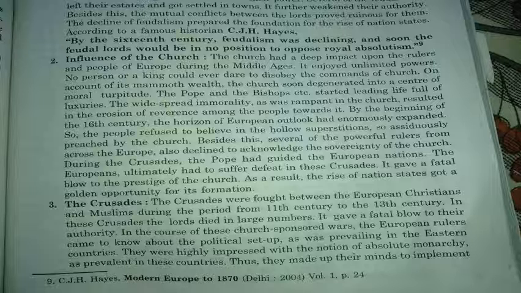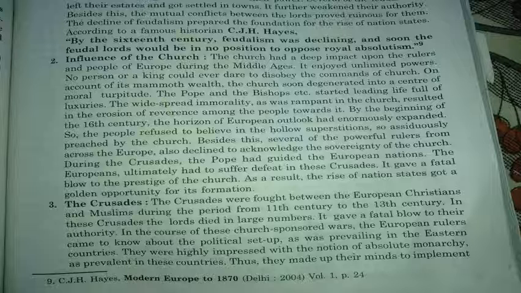By the beginning of the 16th century, the horizon of European outlook had enormously expanded. So the people refused to believe in the hollow superstition so assiduously preached by the church. Besides this, several of the powerful rulers from across Europe also declined to acknowledge the sovereignty of the church.